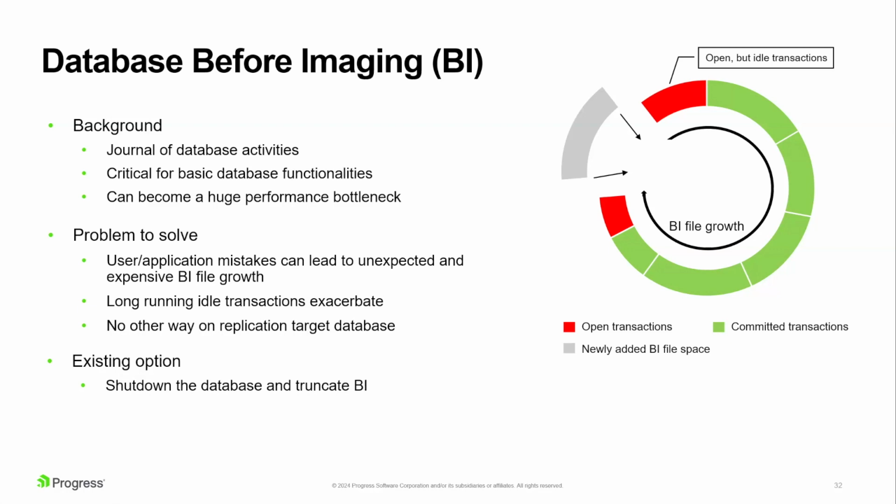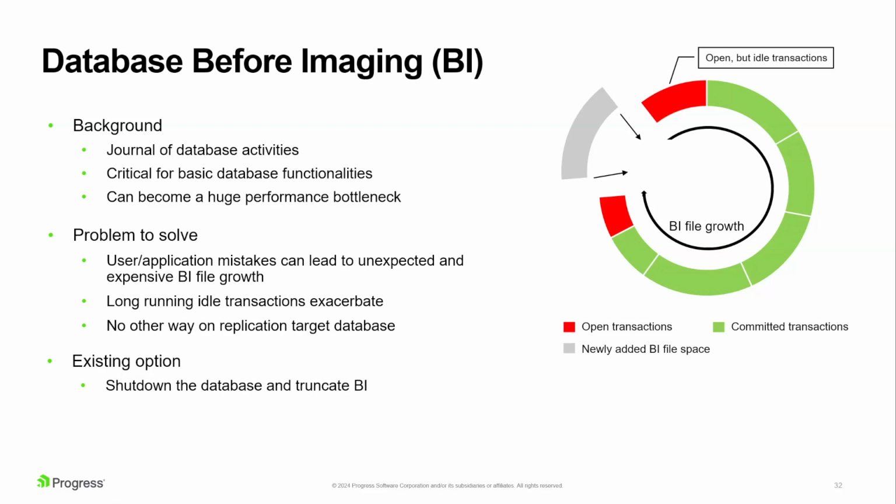If you look at our picture on the right, this circle represents your BI file. The open transactions are in red. There's a transaction life cycle where they're opened, they proceed, we track what's going on in the transaction through the BI, and we close and write them.